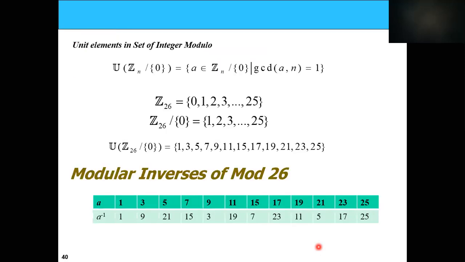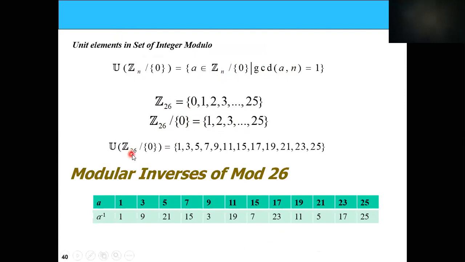So a unit element in the set of integers modulo n can be written as all those elements whose GCD with n is 1 from Zn except 0. Z26 means 0, 1, 2, 3 up to 25. Z26 star means excluding 0, because 0 does not have a multiplicative inverse.